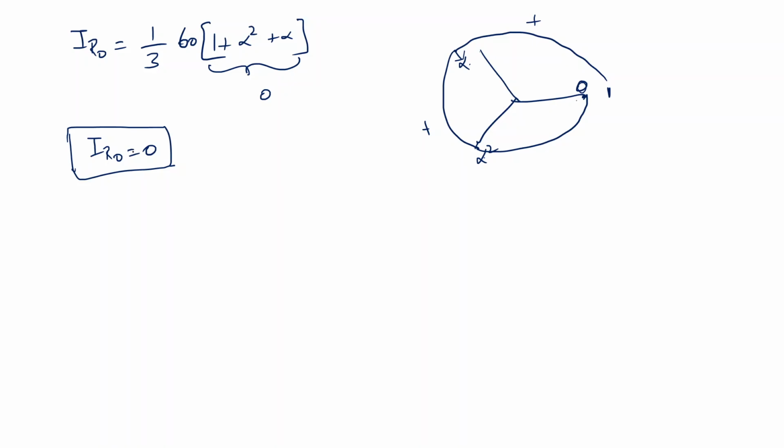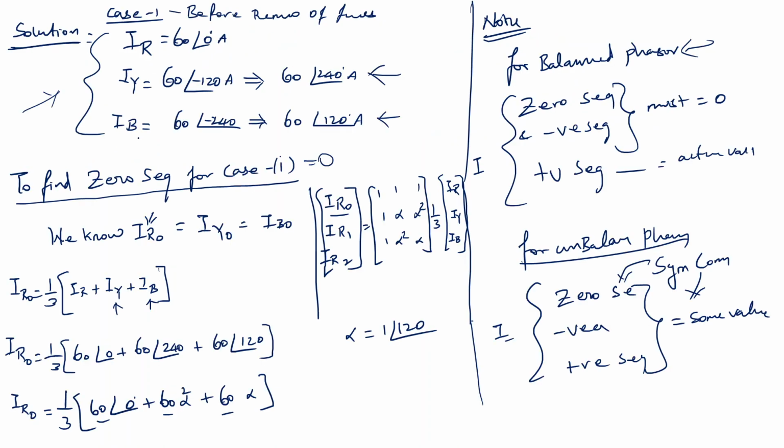IR0 is equal to 0, means for balanced value my IR0 is equal to 0, and because of equality IY0 is also 0 and IB0 is also 0. So for the balanced phasor, the zeroth sequence values are 0. This statement is proven.